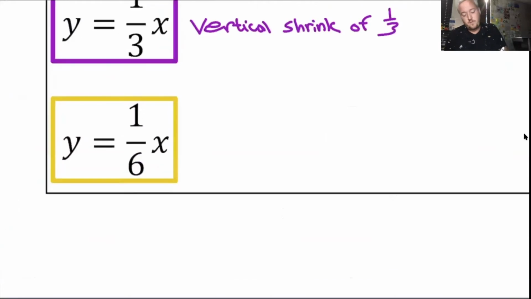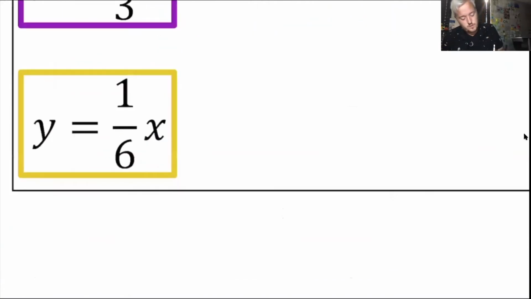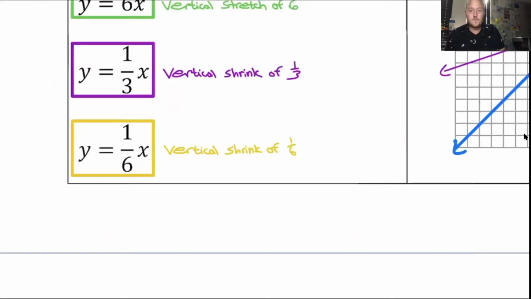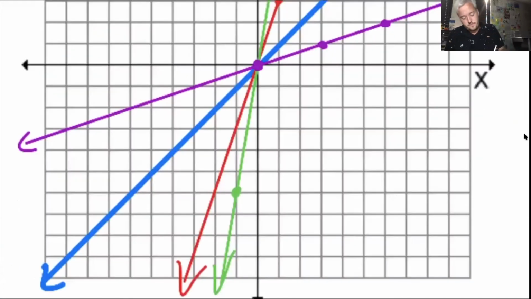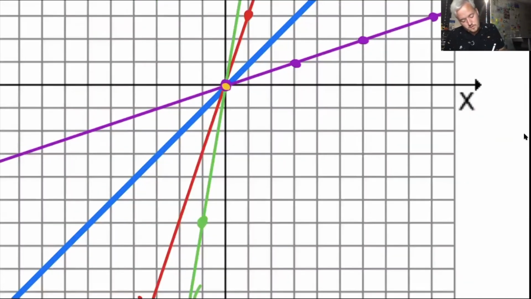All right, so last but not least over here, now we have 1/6. So this, once again, is a vertical shrink of 1/6. All right, so up 1 and right 6, starting at the origin. So here's the next point right here.